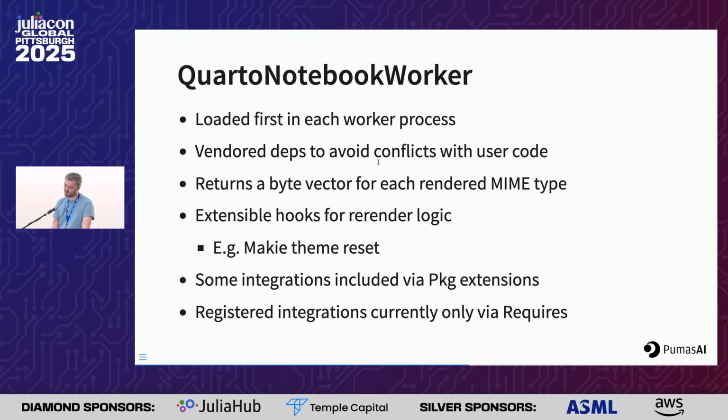Yeah, that's not ideal, but we have found that the main drawback of Requires, as far as I remember, is that it doesn't really work well with precompilation, but these hooks are usually tiny anyway, right? So I haven't yet seen a case where this was prohibitive, and it's not the same as for official package extensions, where you would really want to avoid Requires.